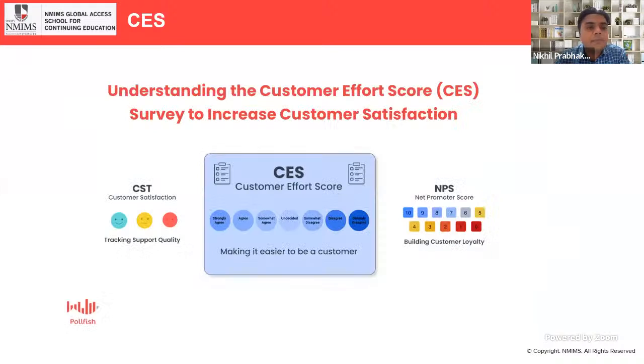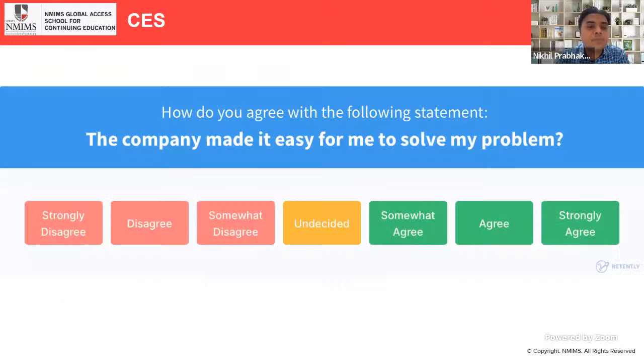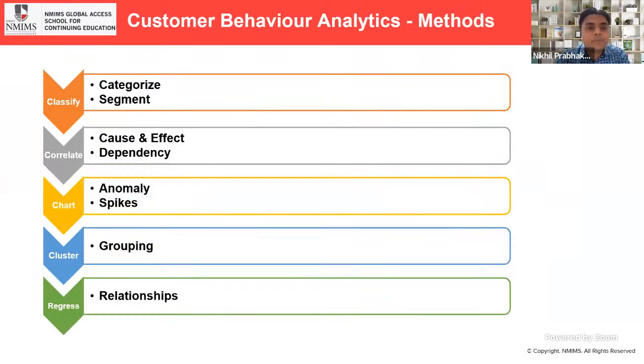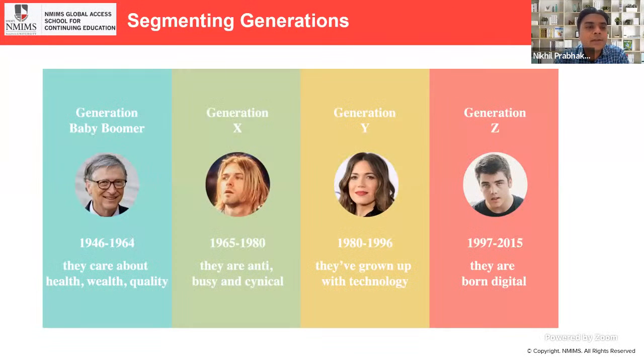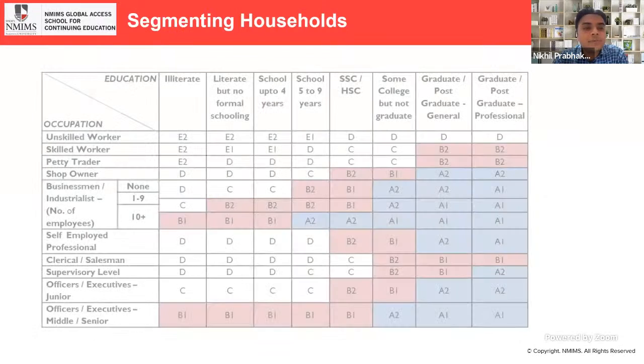And we wound it up with a new emerging metric called CES, Customer Effort Score. Some companies also call it Customer Effort Index. Here we are asking the question: is the company making it easy for the customer when we are trying to solve their problems? These were some of the metrics, and then we started looking at the methods. In this, we looked at one specific method, which banks on the concept of segmentation.